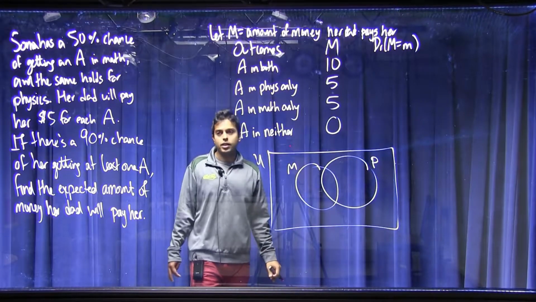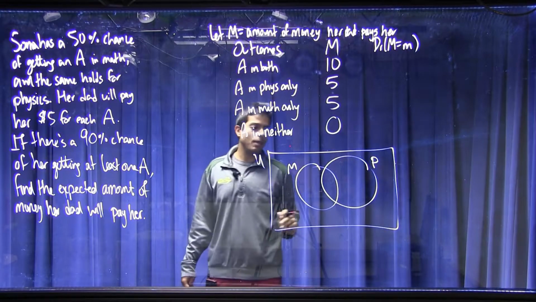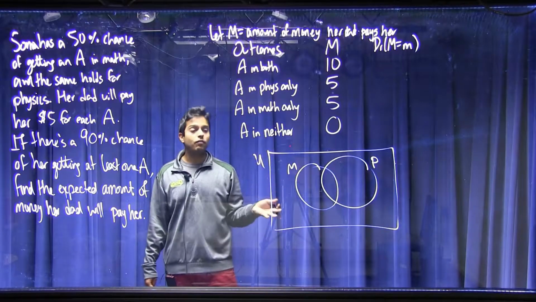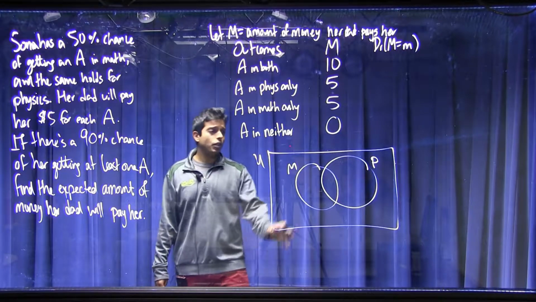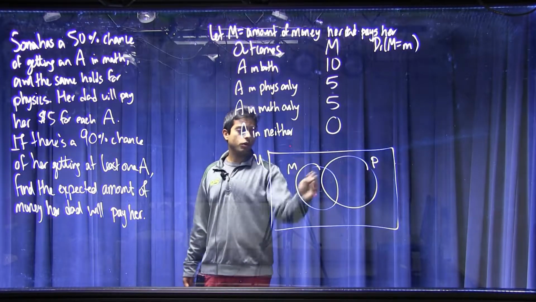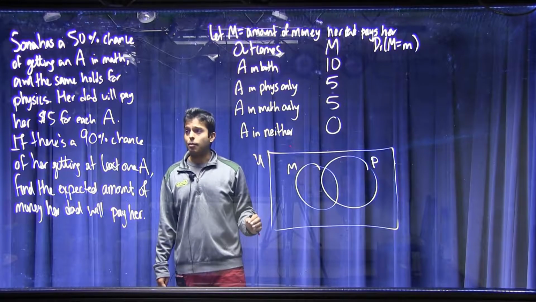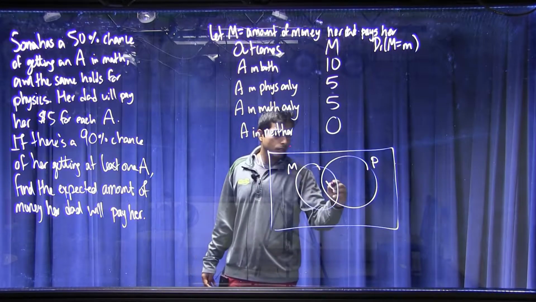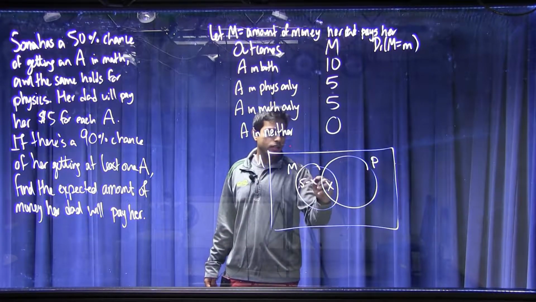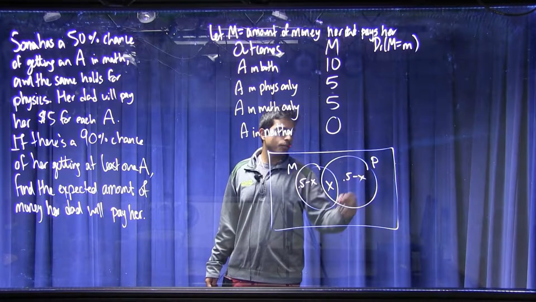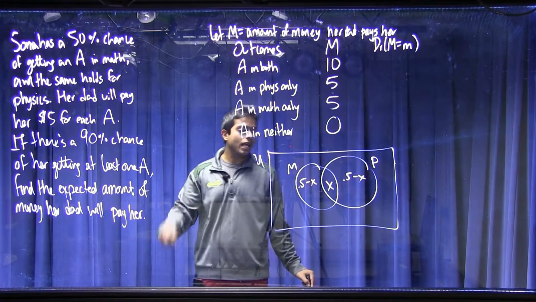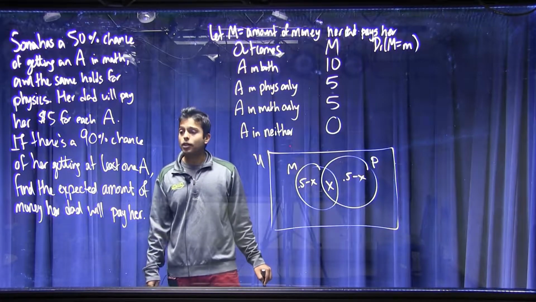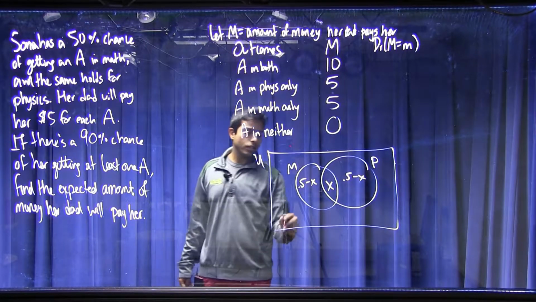The set M is the event that she gets an A in math, and the set P is the event that she gets an A in physics. And let's fill in what we know. So we can't fill in anything directly because we don't know what number goes in the middle here. So we can put an X here. This is going to be 0.5 minus X. This is also 0.5 minus X. But we do know there's a 90% chance of her getting at least one A. So the probability that she gets no A's, that's out here, is going to be 0.1.